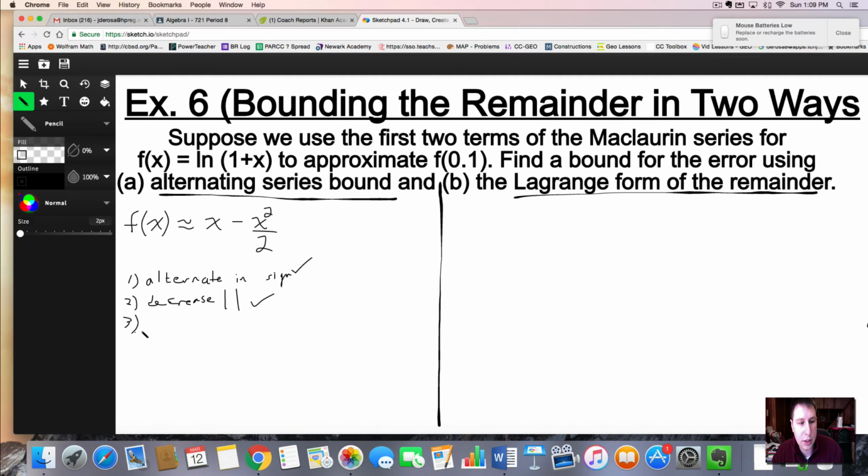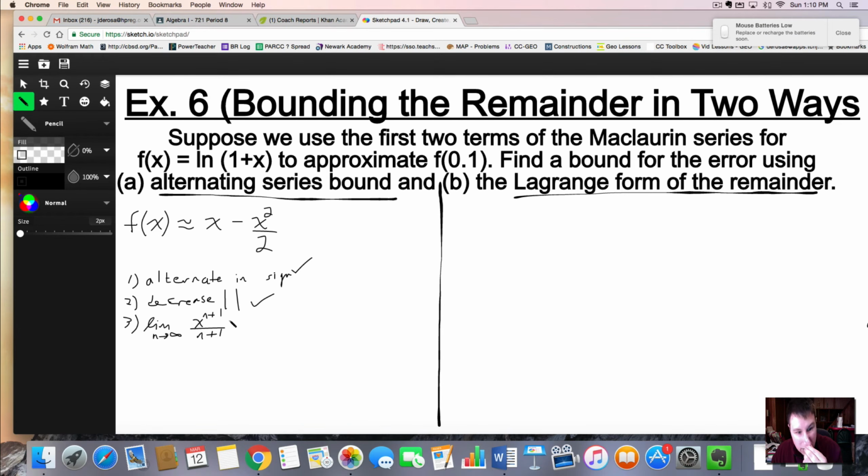And the third thing is that the limit of the nth term also goes to 0. When you plug in the x, this is given as well. So the limit as n goes to infinity of x to the n plus 1 over n plus 1.